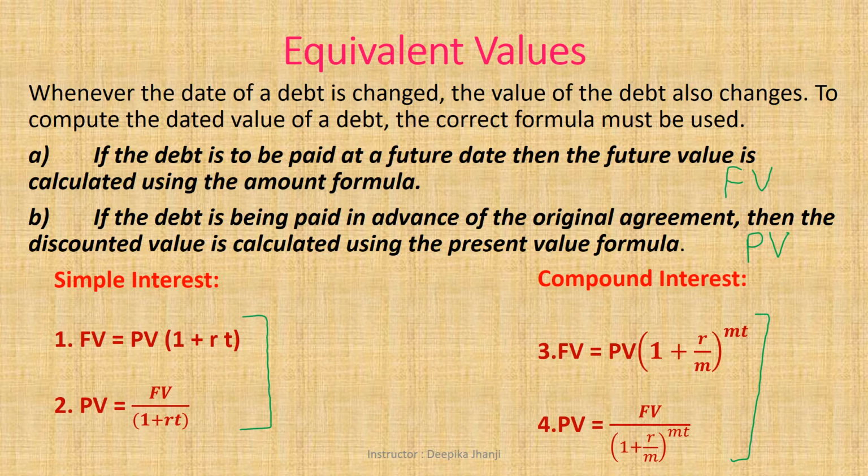That is, for future dates or later dates, we calculate future value and pick formula number 1 or formula number 3 depending on the interest being charged. For advance payments or early payments, we calculate present value and pick formula number 2 or formula number 4 depending on simple interest or compound interest.